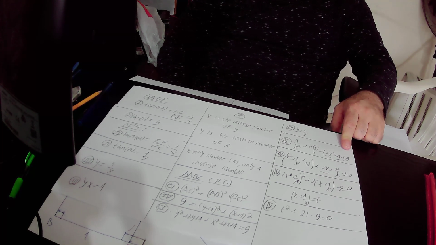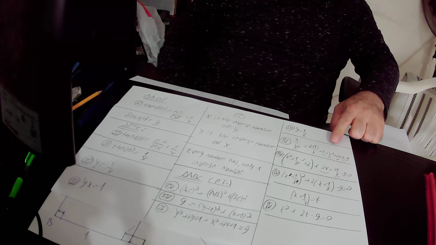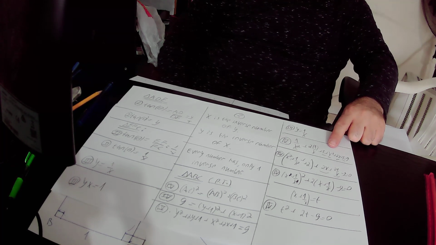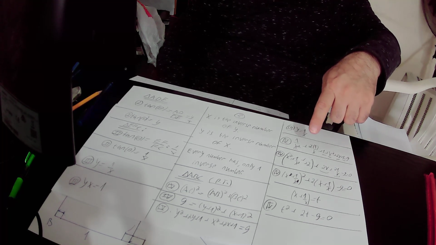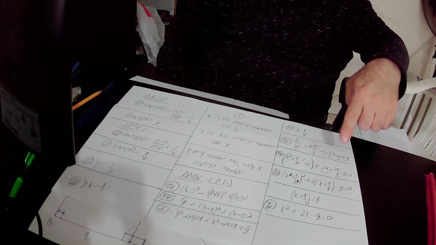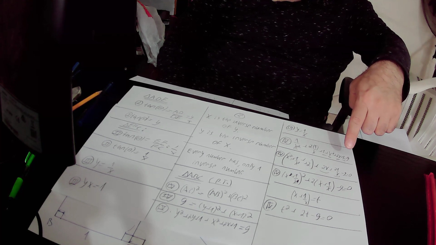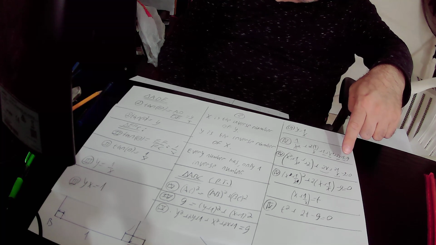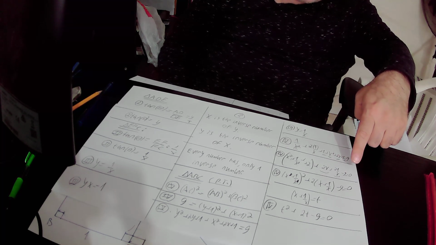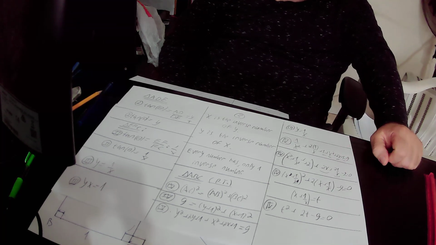Here we organized the expressions in equation number 4 in a different way, and we got x squared plus 1 over x squared plus 2, plus 2x plus 2 over x, minus 9 equals 0.